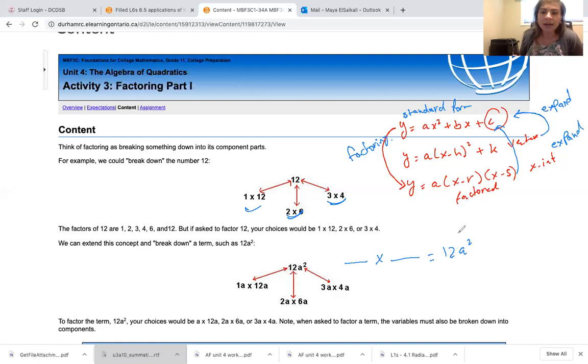But for a squared, to get a squared you need an a and an a, because a times a gives you a squared. So to get 12a squared, you can have 3a times 4a. It could also be 1a times 12a, or 2a times 6a. Those will also give you 12a squared. So remember that you also have to split your variable, not only the number.